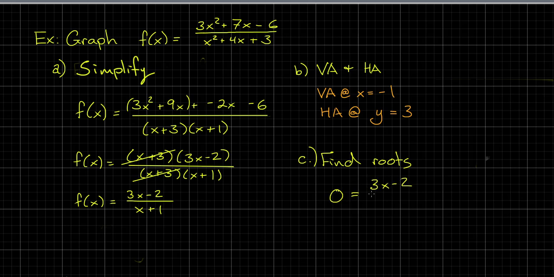If I set the whole function equal to 0, and you don't love fractions, how do you bust this fraction? What can I multiply both sides by? So if I do it here, and I do it here, let's see, I'll do the right side. And what's the left side? 0x plus 0 is still just 0.